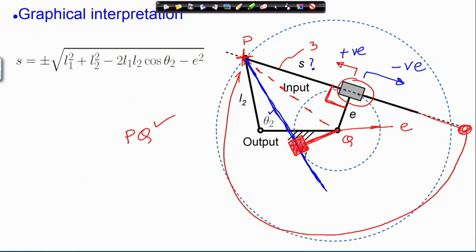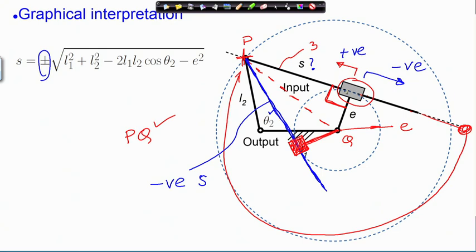So, this S is positive, this S is negative, because it is on the other side of the prismatic pair. Then only this can come and join like this. So, these are the two solutions indicated by this plus and minus of S.